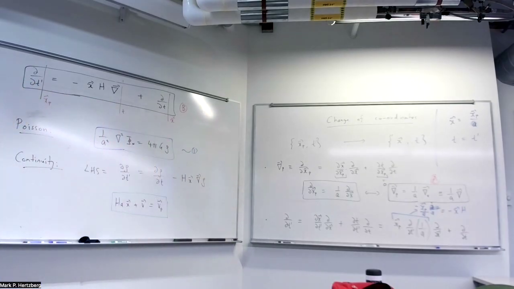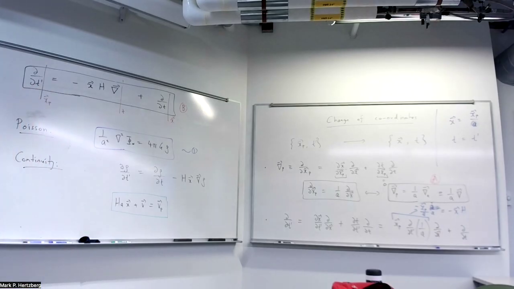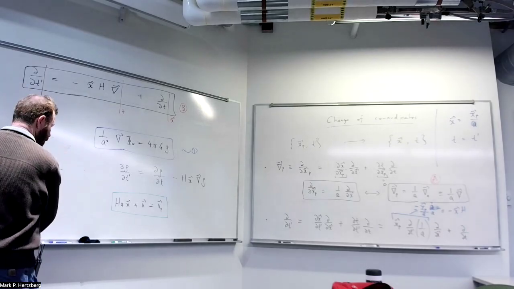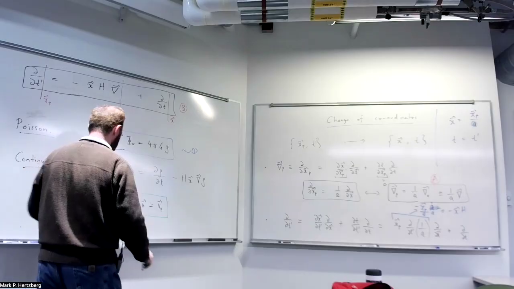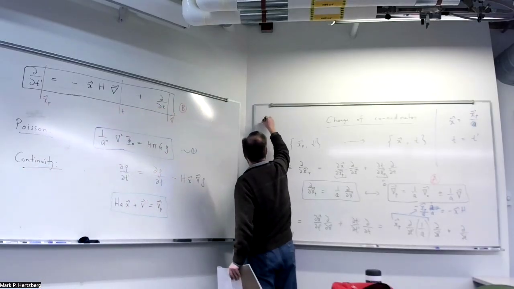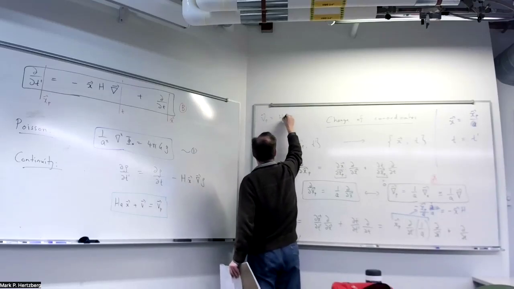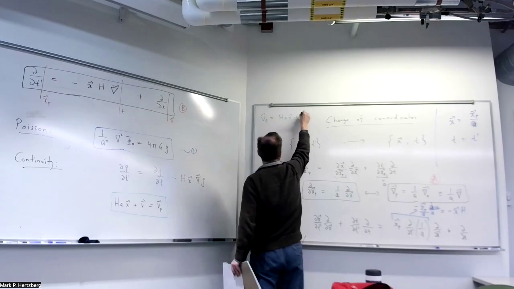All right, I mean, the first term in the continuity equation looks like that. And this equation, let's put this on the board somewhere. We'll probably need it. The physical velocity is a background piece plus a perturbation.